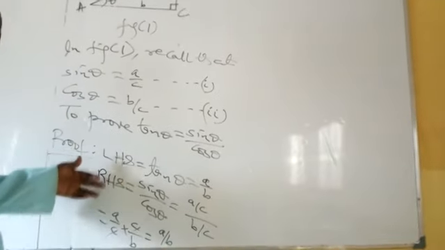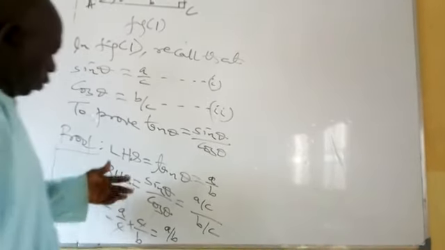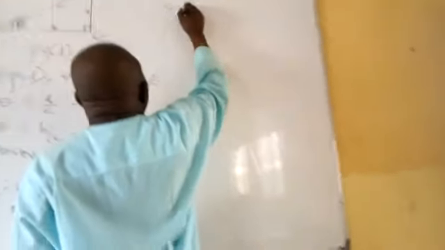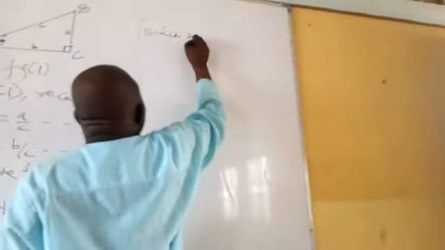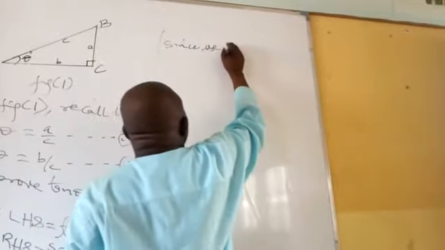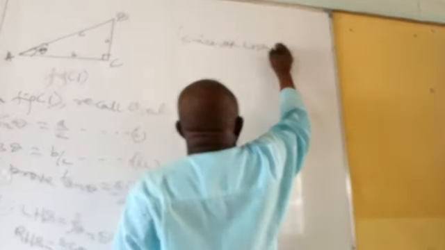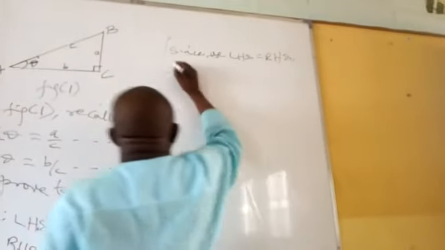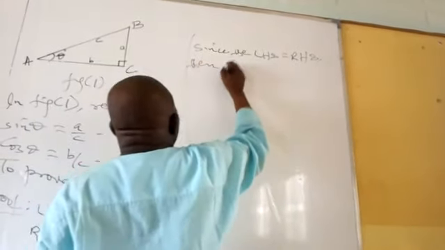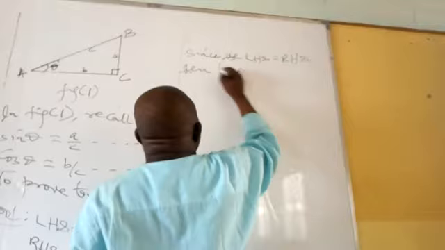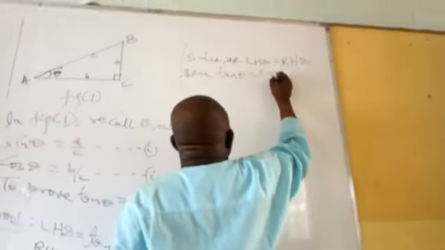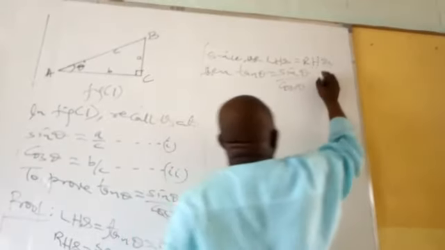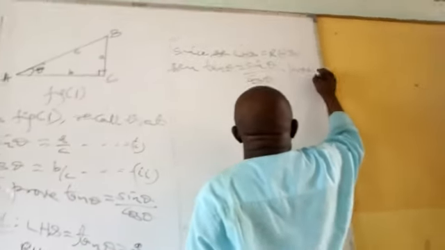Since the left hand side is equal to the right hand side, we can conclude that tan theta is equal to sin theta over cos theta. True. So that's how to prove it.